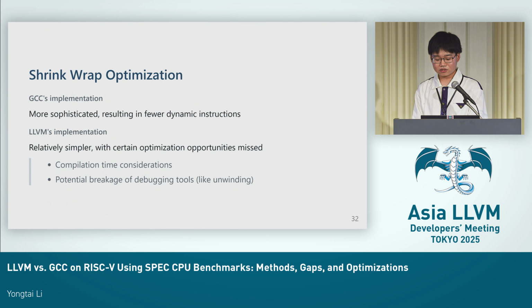The difference stems from the two compilers' implementations of the shrink-wrap optimization.